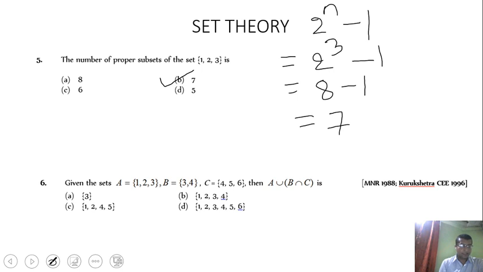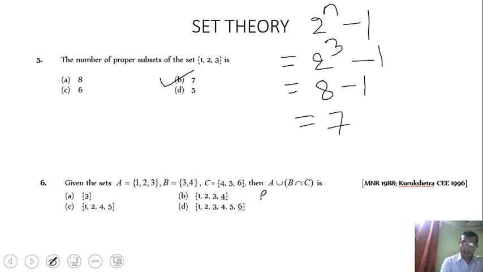Next, given the set A equal to 1, 2, 3, B equal to 3, 4, C equal to 4, 5, 6, then A union B intersection C is.